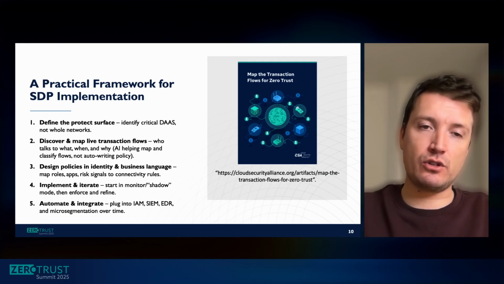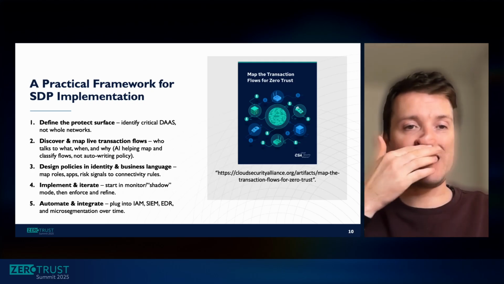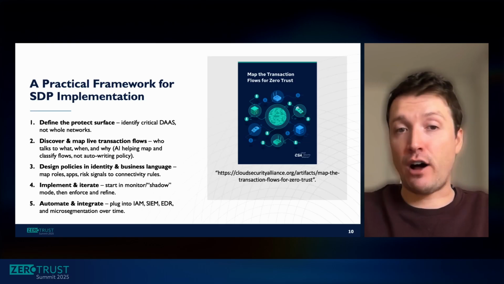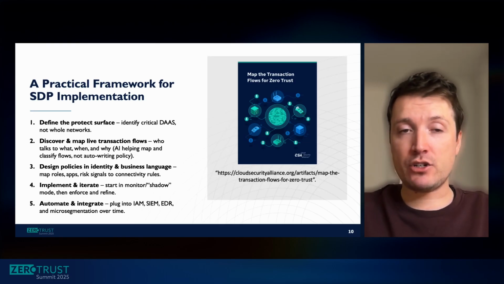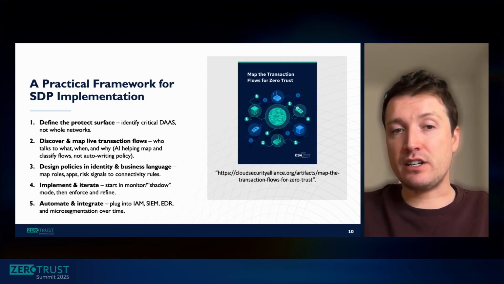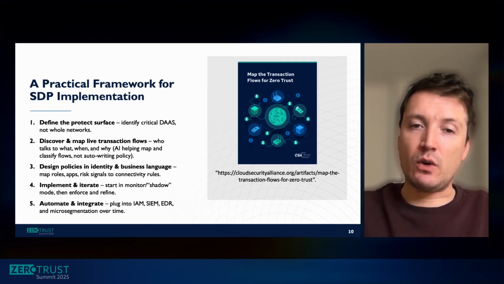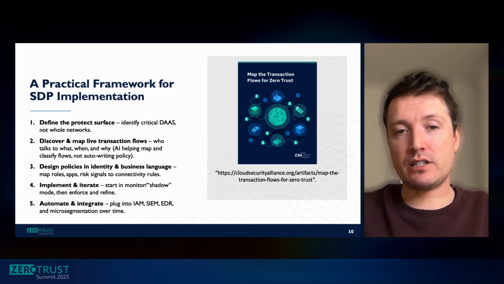We applied it to software-defined perimeter so that we can go through that 5-step process: how we define the protect surface, what our critical applications are, because it's our applications and data that we care about, not the networks. How we then discover and map those flows. And this is where machine learning can potentially help us to map and classify, rather than write policy from scratch.